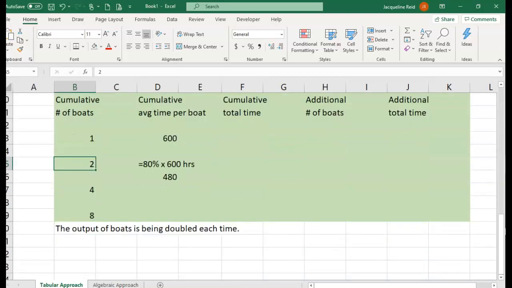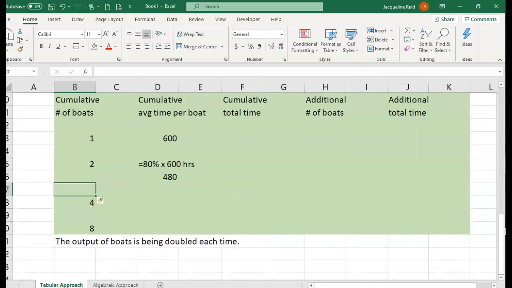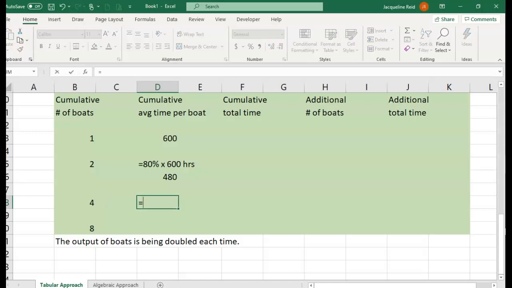It means that on average, each of these 2 boats will take 480 hours. Let's go back now to the instance where we are doubling the output. Now we're making 4 boats. What is the average time on each? The cumulative average time equals 80% multiplied by not 600 hours now, but 480 hours.